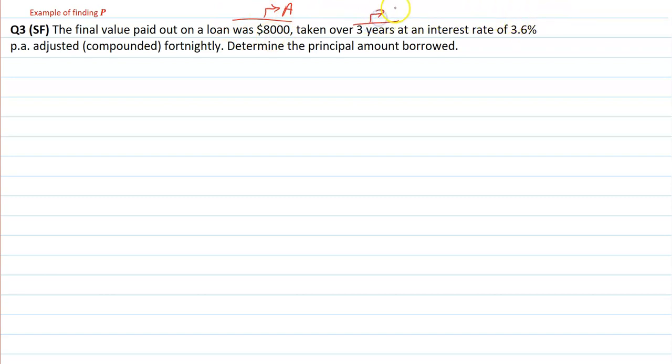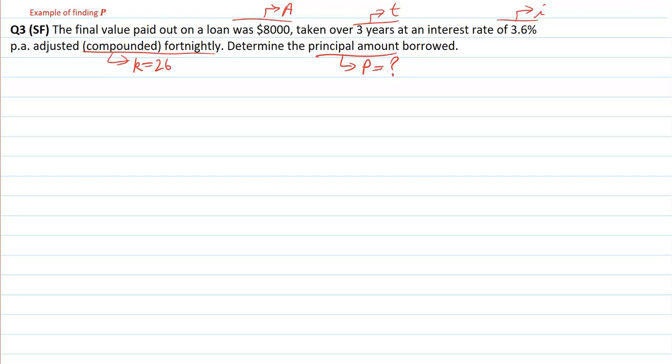3 years is our time. 3.6% is the given interest rate. Compounded fortnightly is our K value, 26. We've got to find this time around the principal. So again, I would just not worry about rearranging the equation.